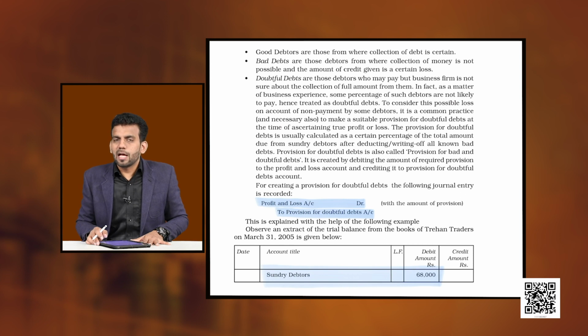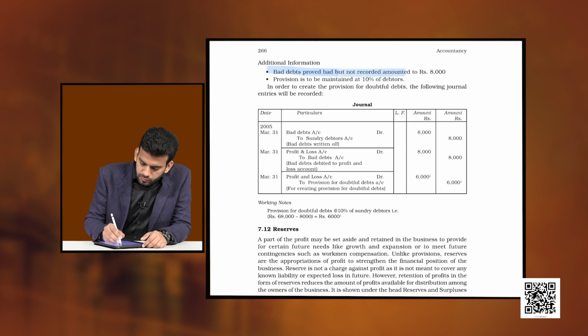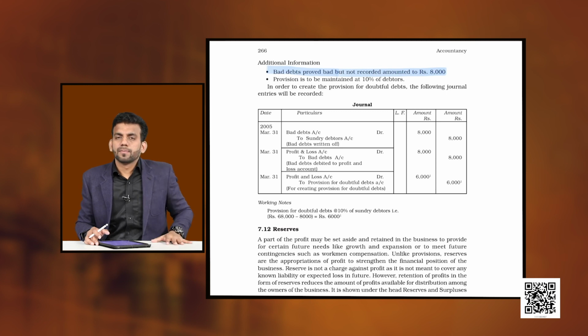Let us understand this thing through an example. We have sundry debtors of rupees 68,000 in our books. Clear? The additional information is that bad debts are 8,000. That means out of 68,000 rupees debtors, 8,000 are not going to give a single penny.